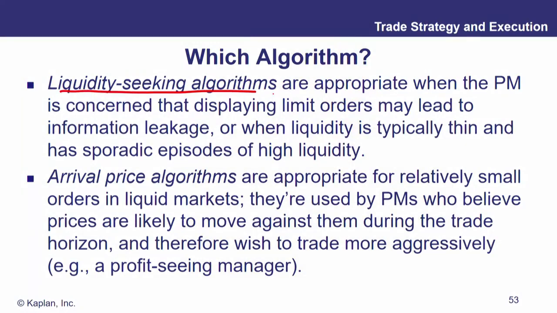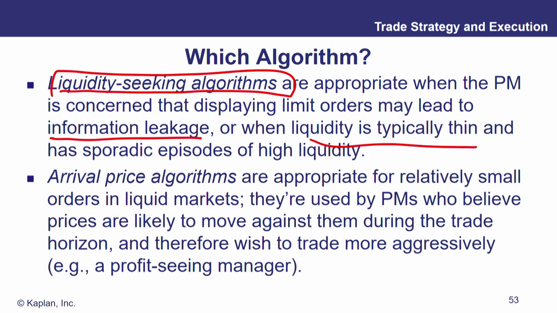Let's keep going. So these liquidity seeking algorithms are going to be appropriate when the portfolio manager is concerned that maybe displaying this limit order is going to lead to information leakage, or when liquidity is very thin and maybe there's even some sporadic episodes of high liquidity.